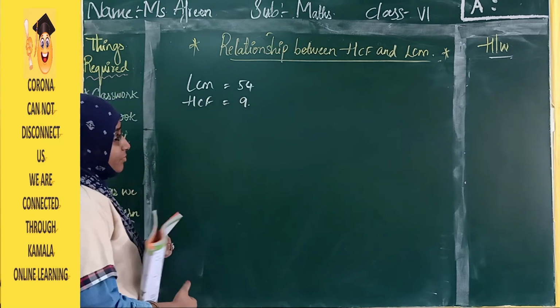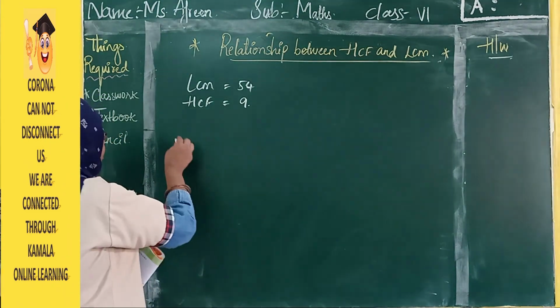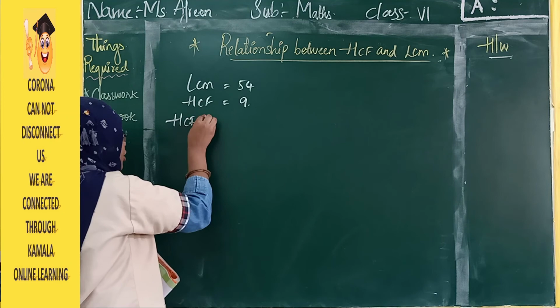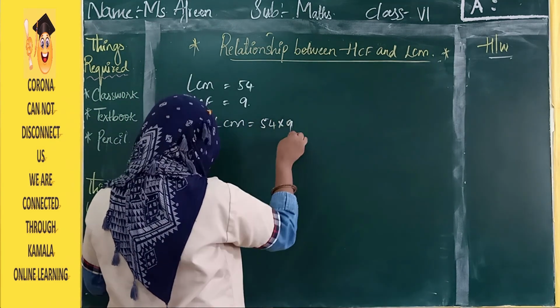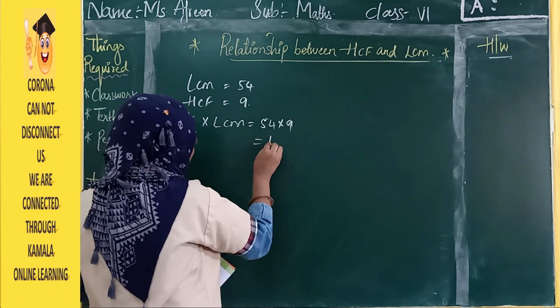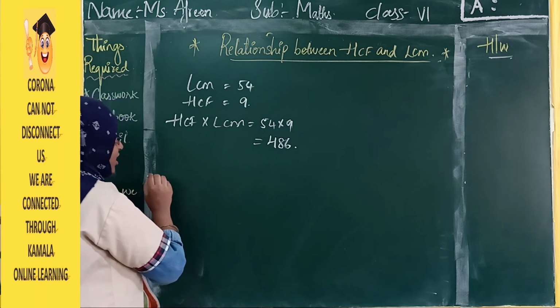So now when you multiply both, 54 into 9, when you multiply HCF into LCM, the answer is 486. Directly, if you are multiplying both actual numbers, what are the actual values?